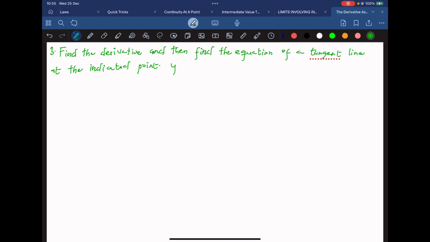So we have y, which is the same as f of x, equal to 8 over the square root of x minus 2. And we have to find the equation of the tangent line at 6, 4.